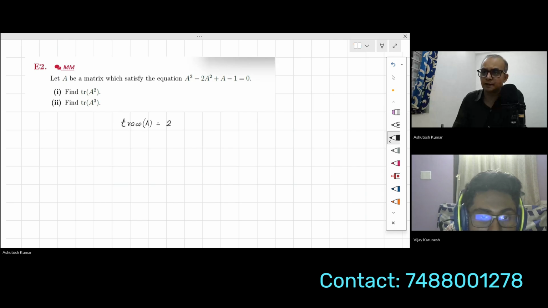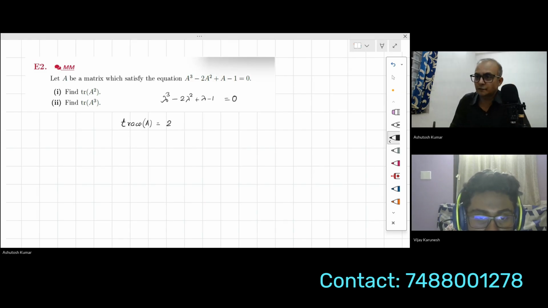Characteristic equation, when you say there's a lambda cube minus 2 lambda squared plus lambda minus 1 is equal to 0.